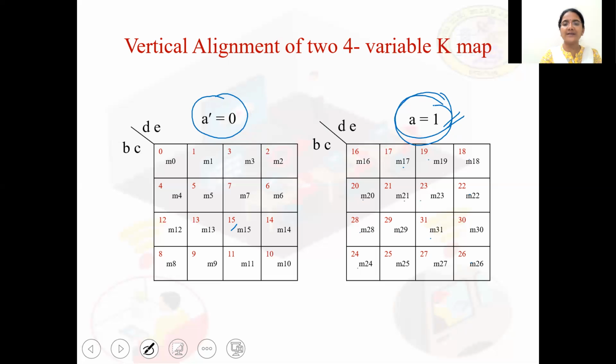We consider the binary value 16 for the MSB and add that to the minterms. For the BCDE values, 16 plus 1 is 17, 16 plus 3 is 19, 16 plus 2 is 18, like that.